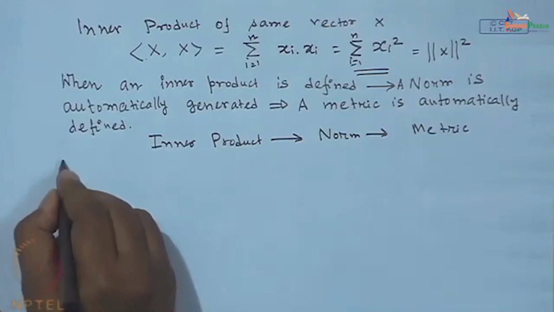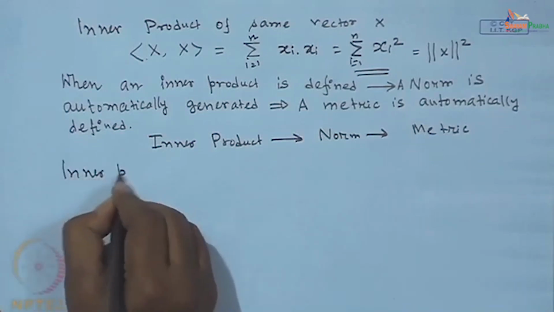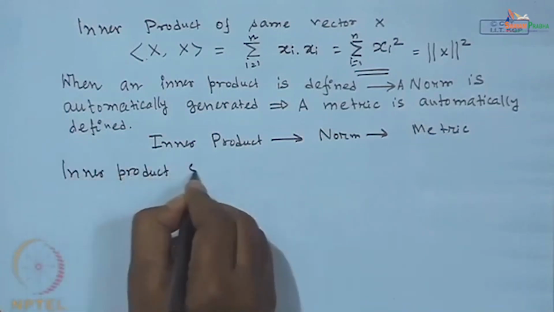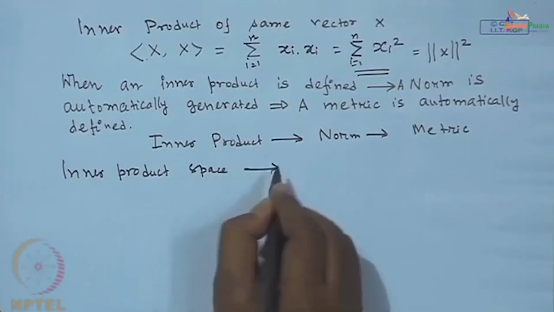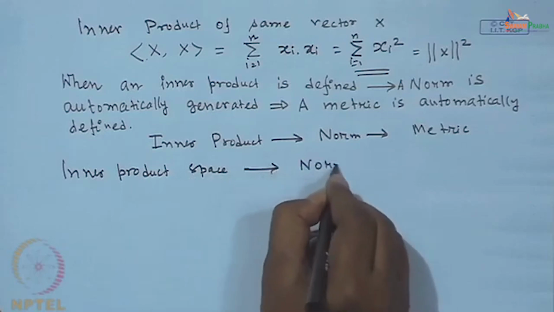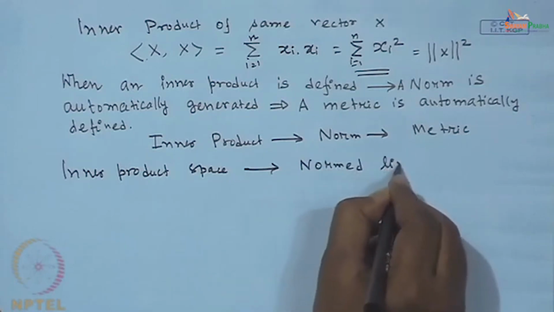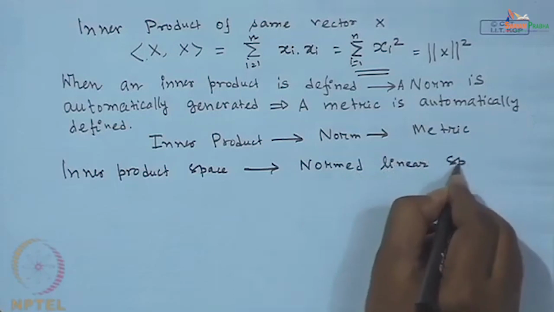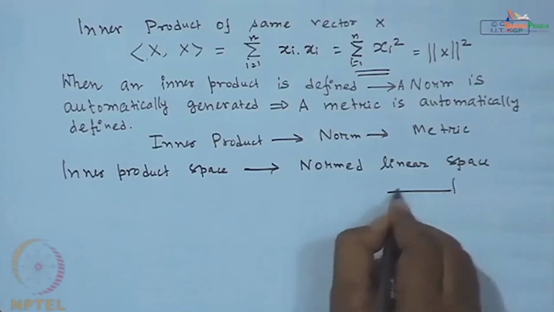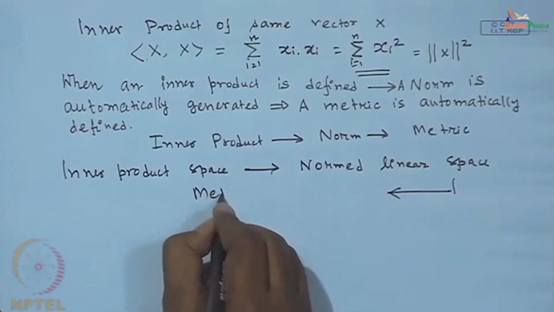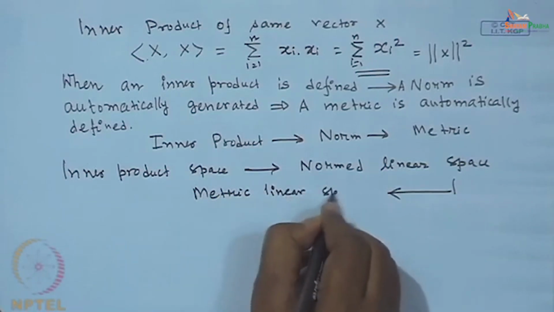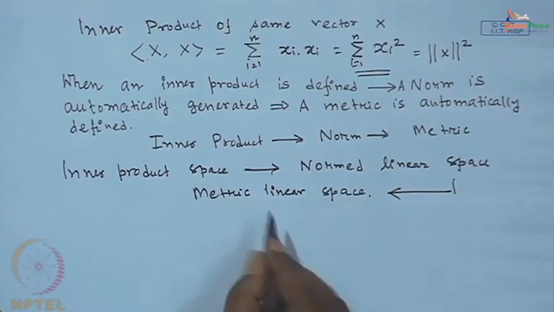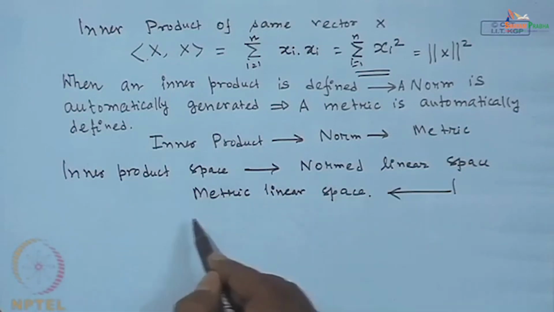So, we can talk about the inner product space, which is a more general space; from that we get a normed linear space, and then we get a metric linear space. So, these three spaces are defined.